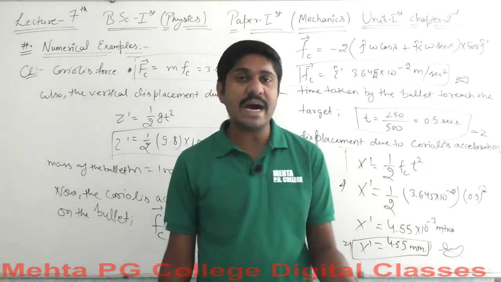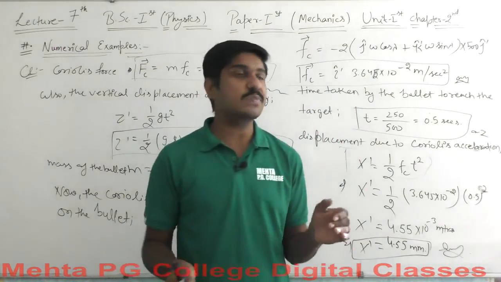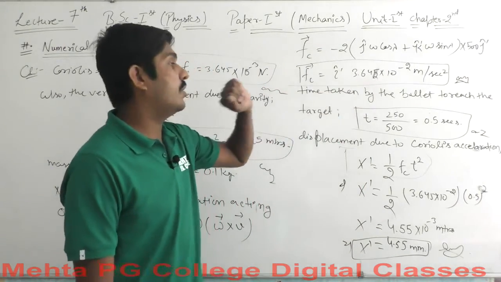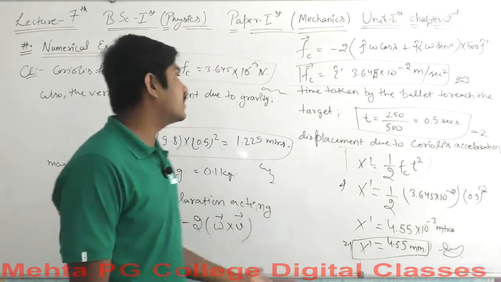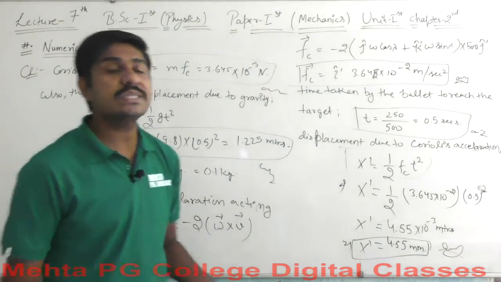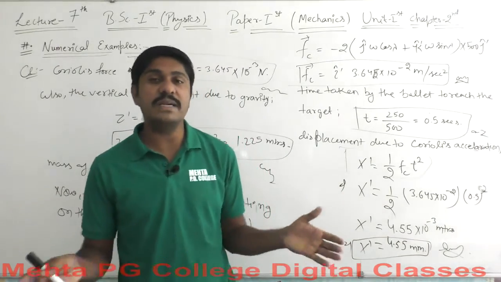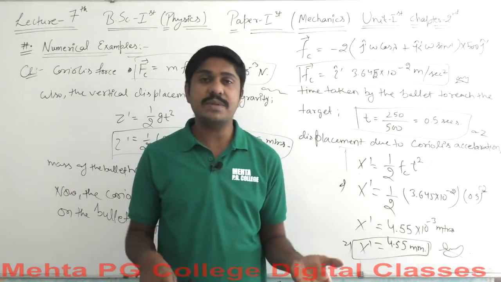or this may be asked for the smallest portions, like the portion for the Coriolis acceleration only, or it may ask the time taken only, or the horizontal displacement or the vertical displacement, or in some sense the Coriolis force. Okay, so these are the things that can be asked, or can be asked in bundles among you. So I hope that you got the concept here.